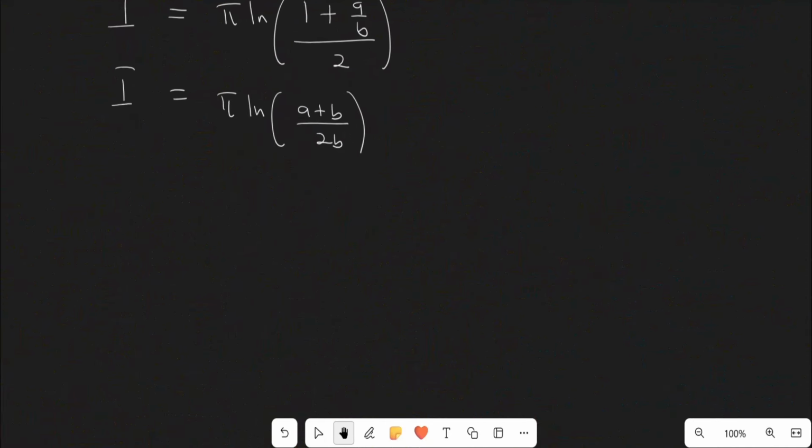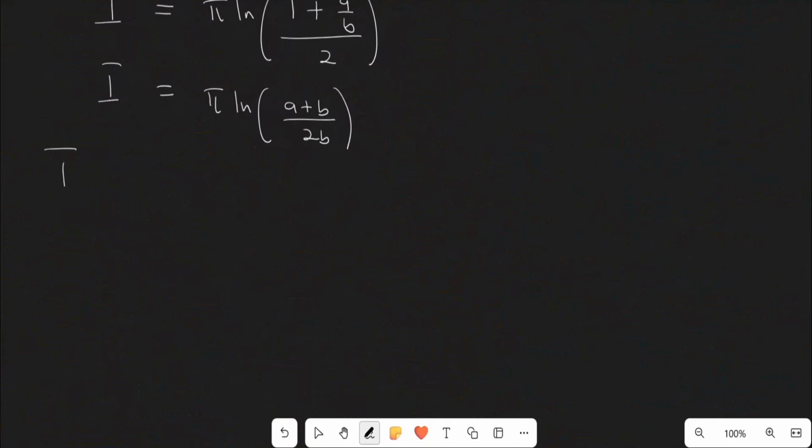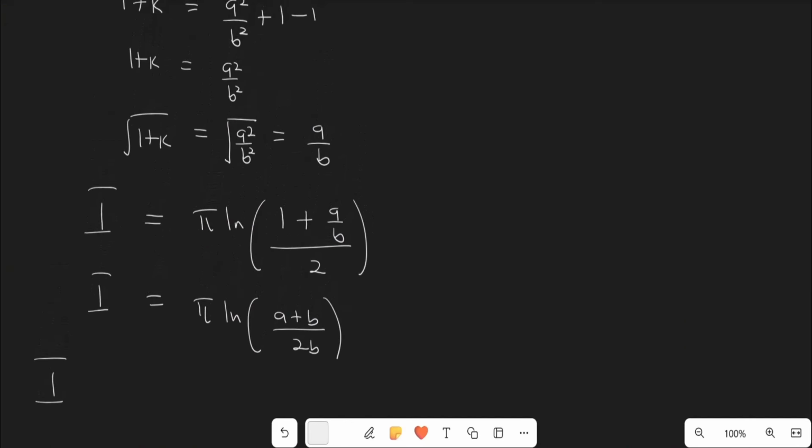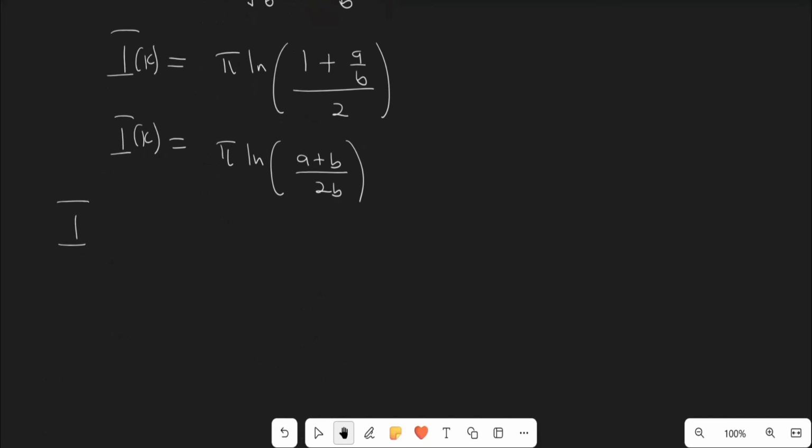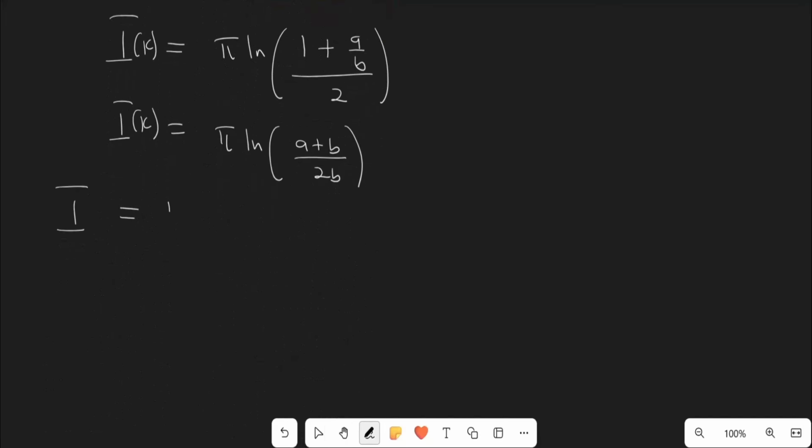Okay, so the integral I, permit me, this one is I of k, because k is in terms of a and b. So I is going to be the ln of b times pi, and this is added to I of k, and I of k is pi times the ln of a plus b all over 2b, like this.